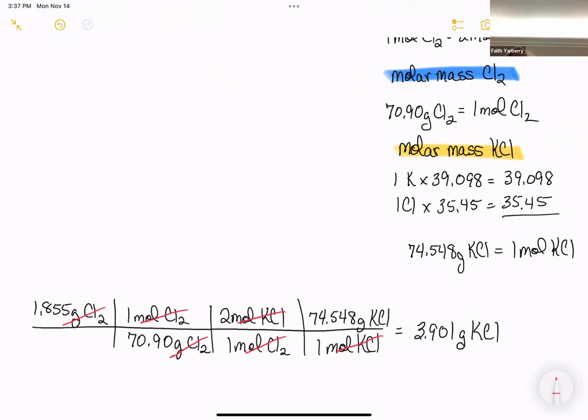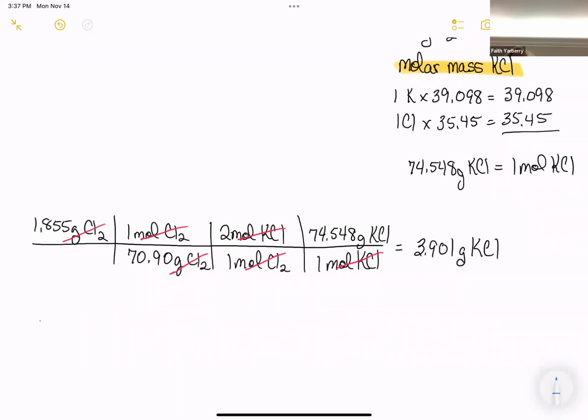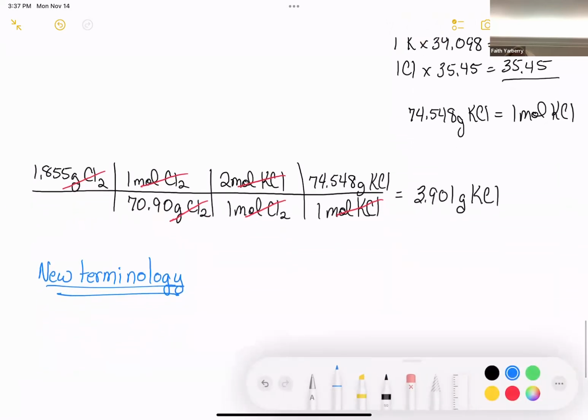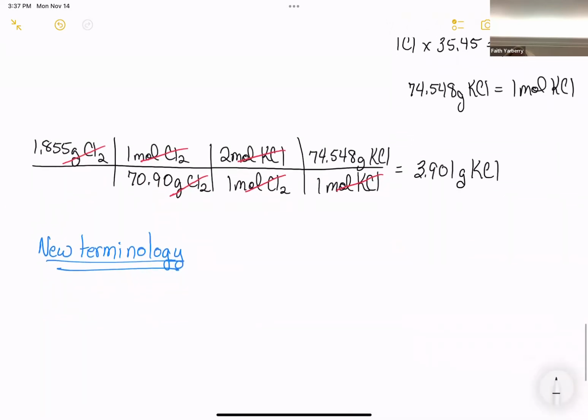Folks, I do want to bring up a term. A new piece of terminology. And that term is theoretical yield.